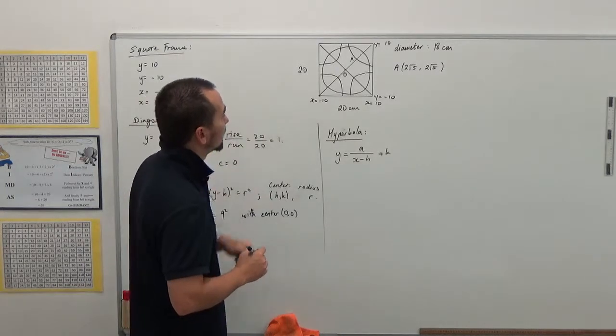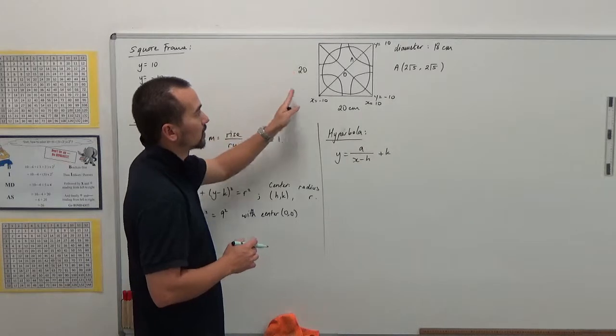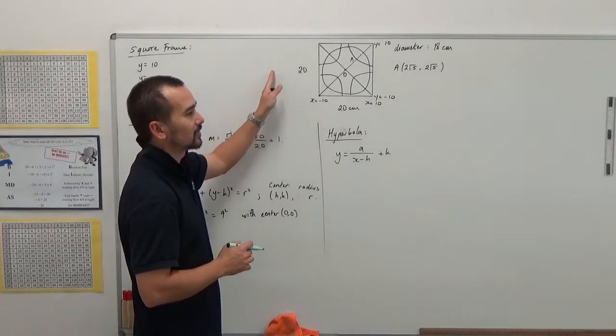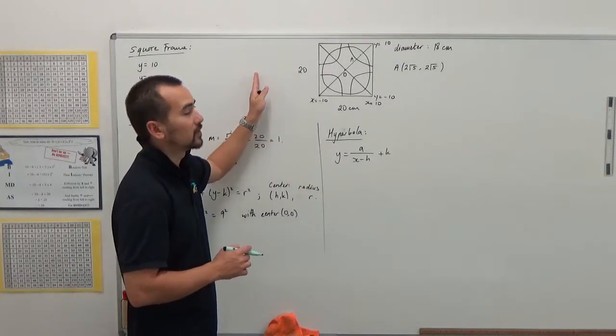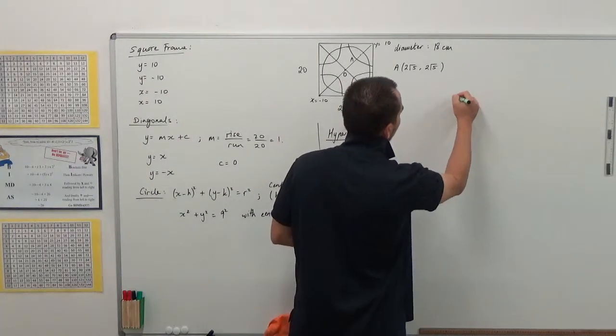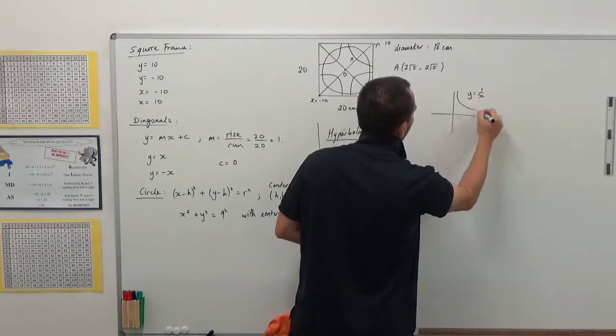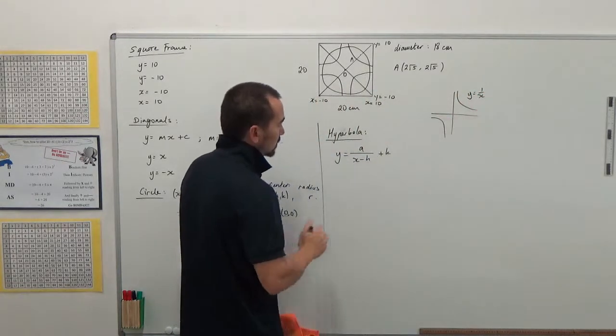Likewise, from our diagram, there is no horizontal shift to the left or to the right, and there's no vertical shift upward, or else it would look like this. Let me try that again.